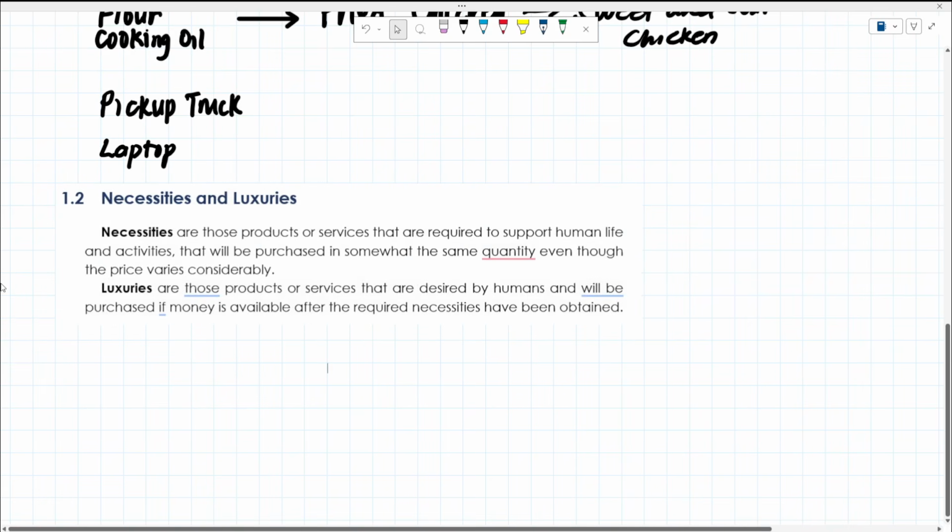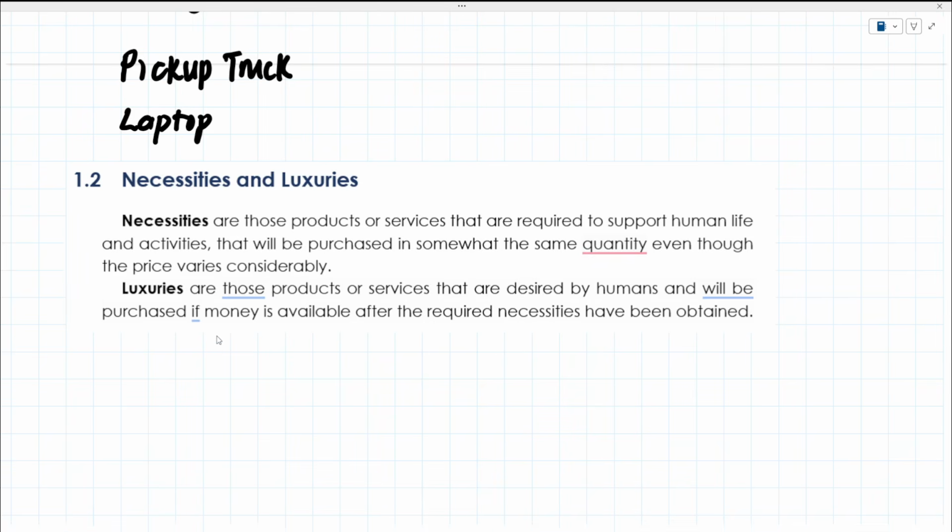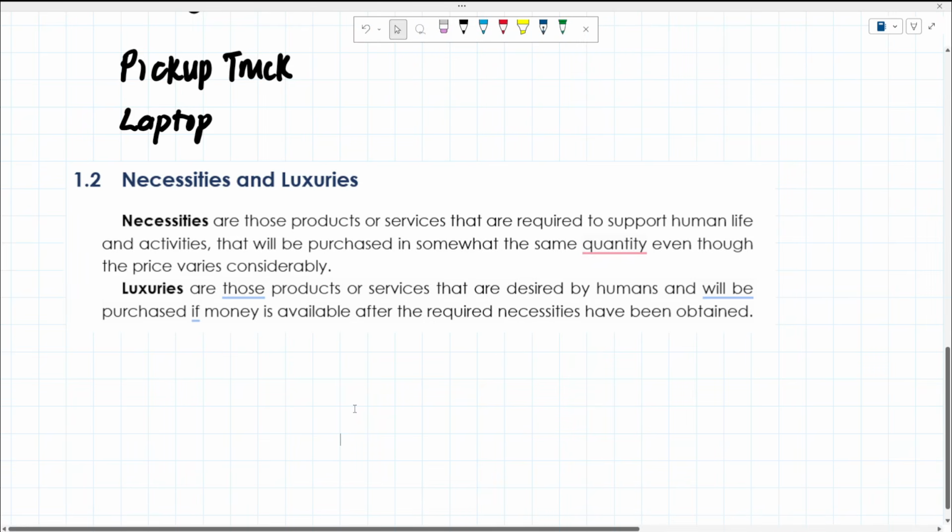So, necessities are those products or services that are required to support human life and activities that will be purchased in somewhat the same quantity even though the price varies considerably.